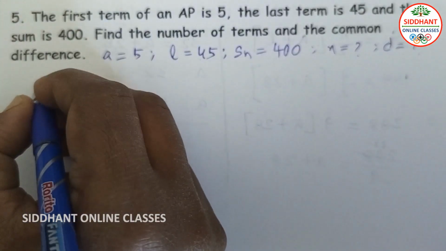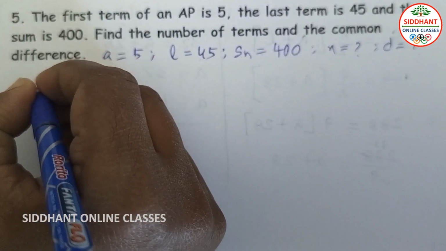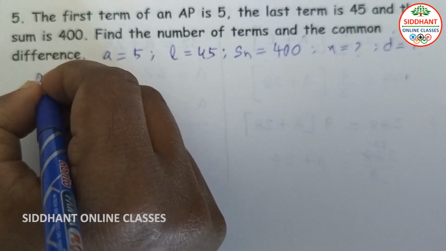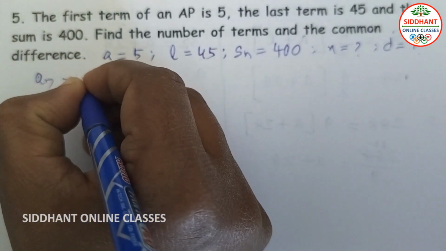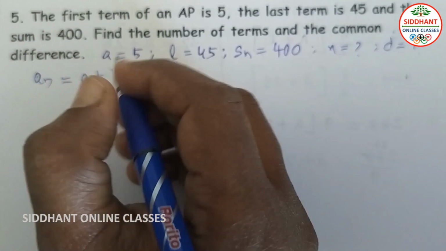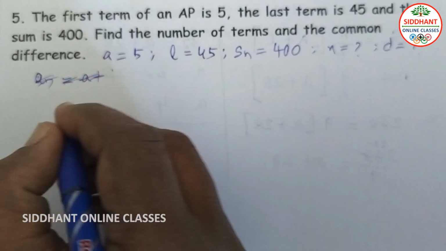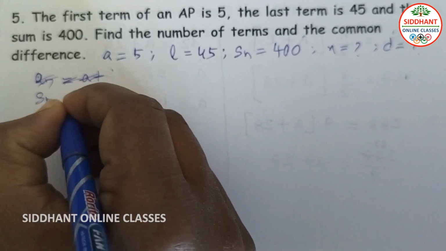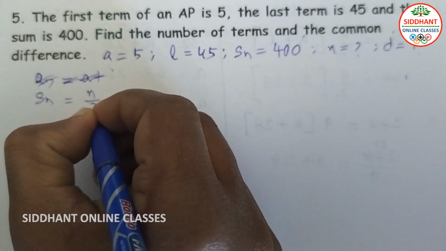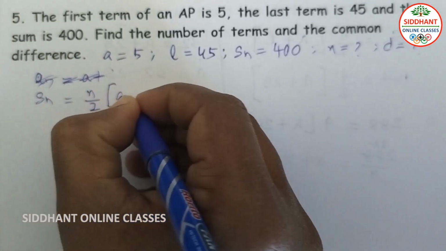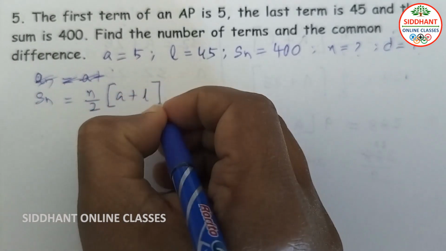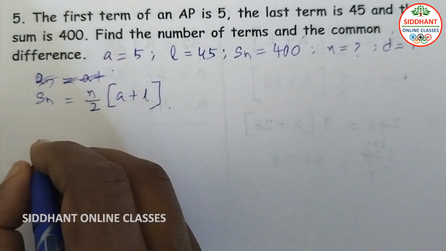First we find the n value using the sum, Sn = n/2 (a + l).